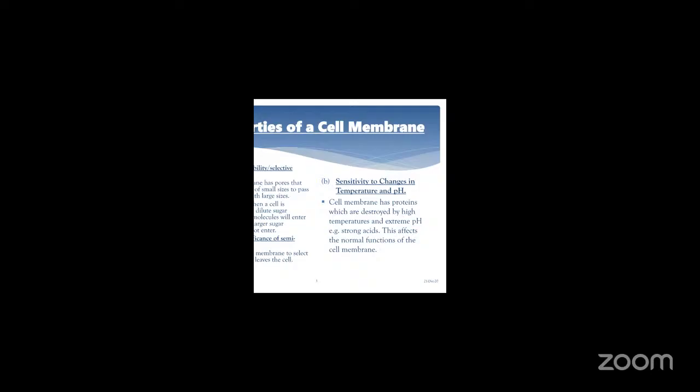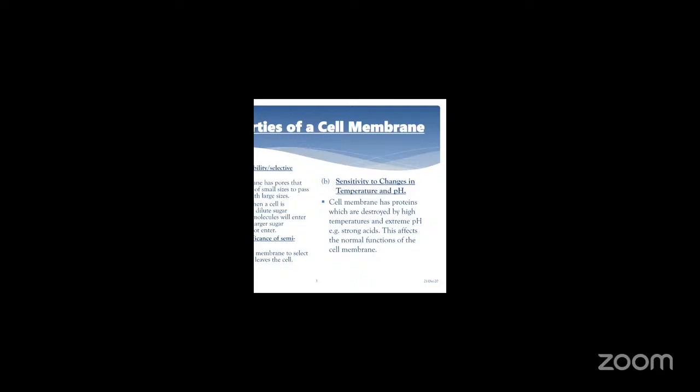How so? Because it is made up of protein layers and a lipid layer, what we're calling the phospholipid layer, if a cell comes into contact with extreme pH, by extreme pH we mean something like strong acids. We discussed the pH scale yesterday, and we said acids are from 1 to 6, and then 7 is neutral, and then 8 to 14 is a base.